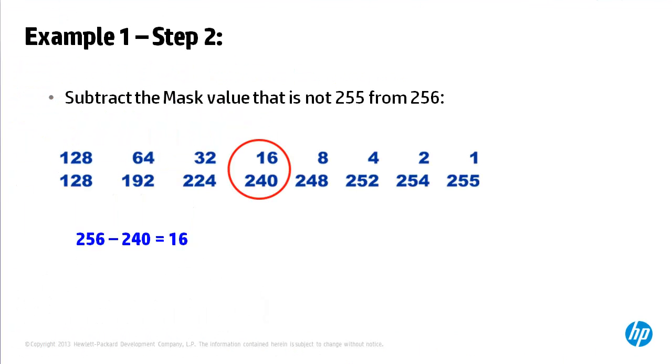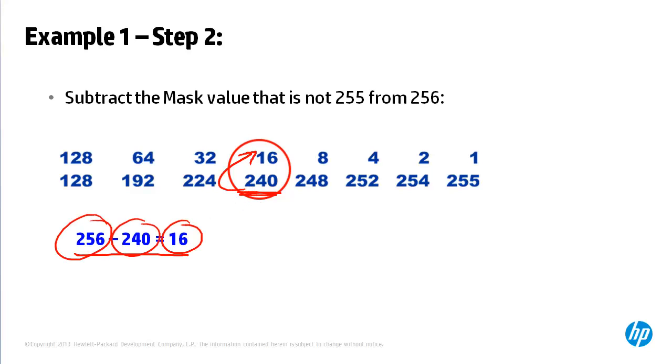The next step is to take our table and subtract 240 from 256. So 256 minus 240 is 16. We could use our table to work that out very quickly. In the table in step 1, we worked out that 256 minus 16 is 240. So in other words, 256 minus 240 is 16.